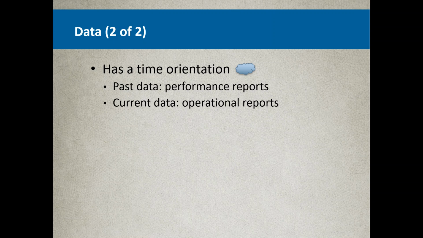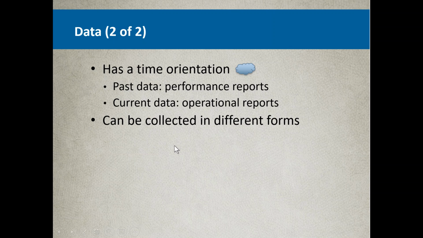Students that are taking current classes, we need that because that's operational data. That's current data. So keep a mindful thought that when you're collecting data, whether there's a time sensitivity to it. Very important because that has an impact on the information that data then can produce.